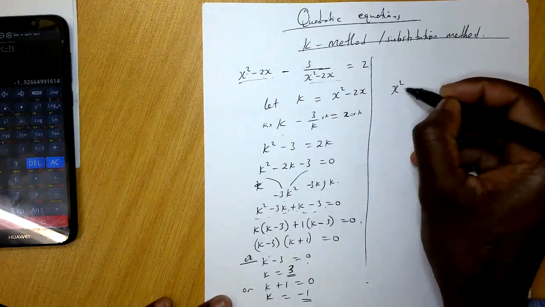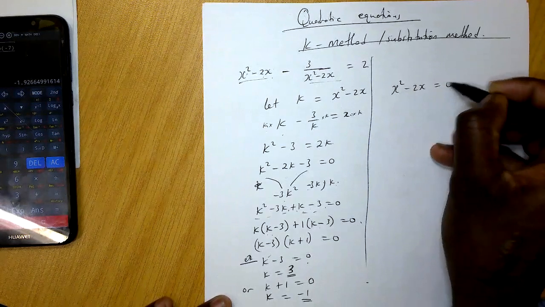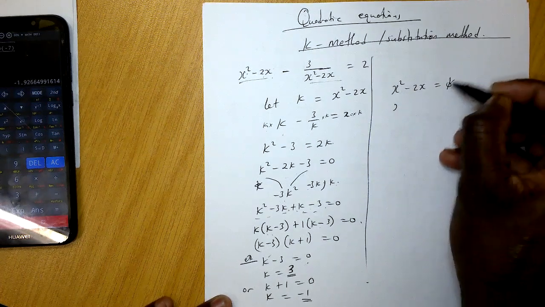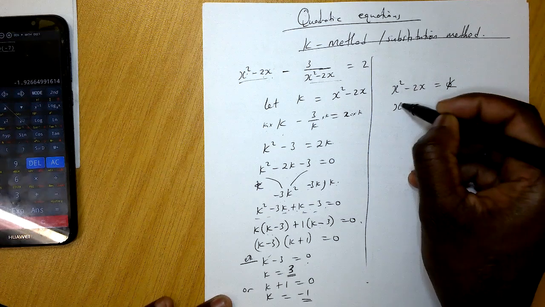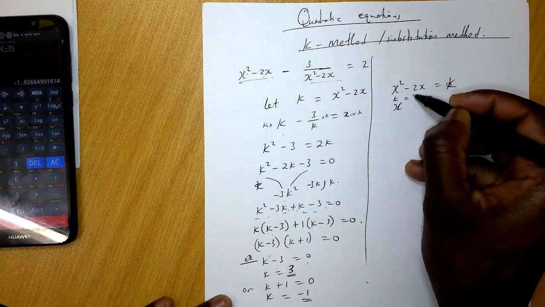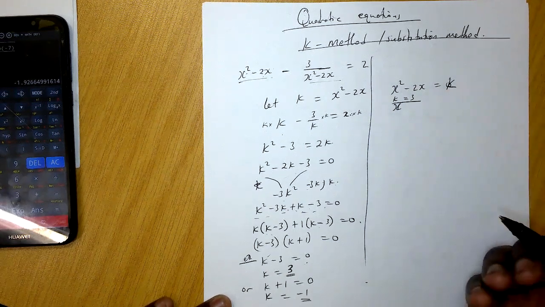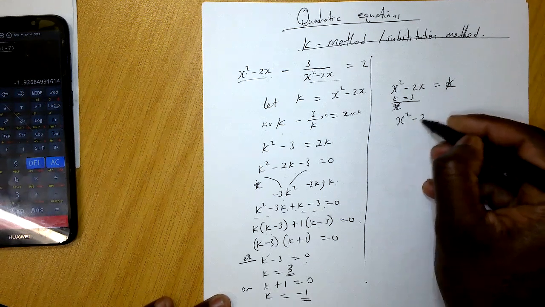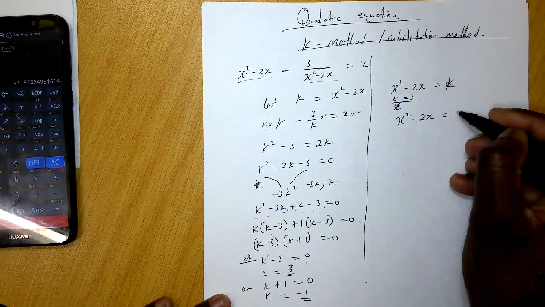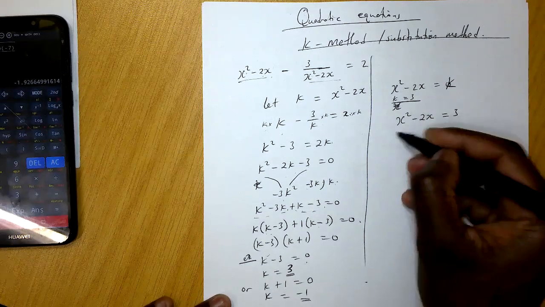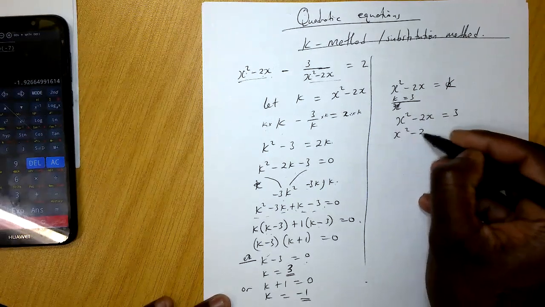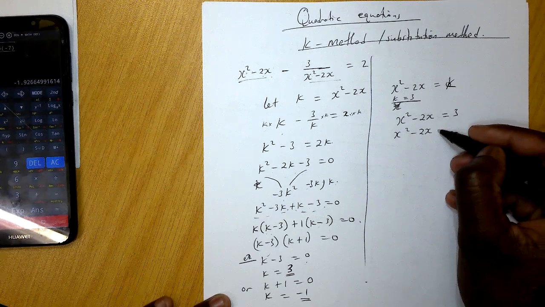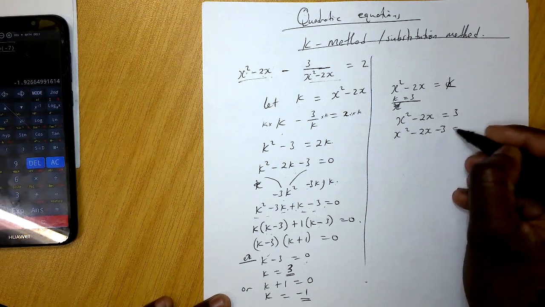x squared minus 2x is equal to k. So for k equal to 3, x squared minus 2x must be equal to 3. Then x squared minus 2x minus 3 is equal to 0.